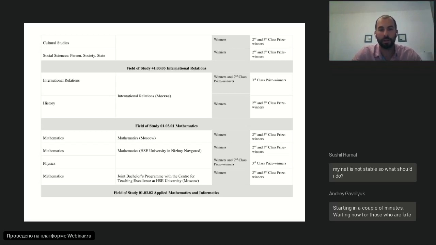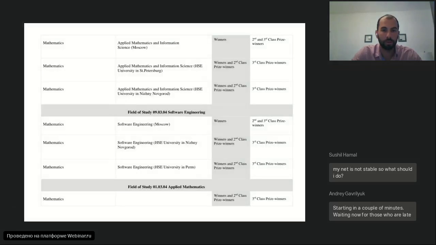And you can see that the rules sometimes differ. So, for example, here you can see that programs of mathematics in Moscow and in Nizhny Novgorod admit by pretty much the same rules. But if you look further, for example, at software engineering, you can notice that software engineering in Moscow is, I would say, more rough.